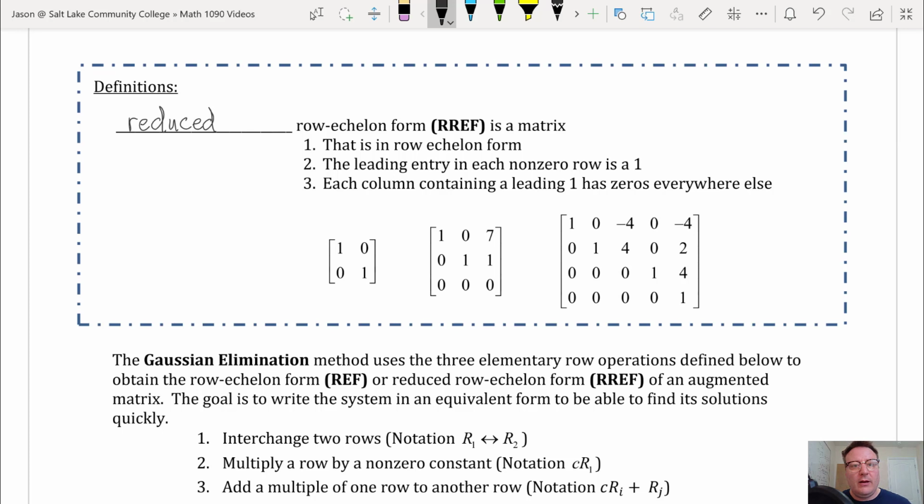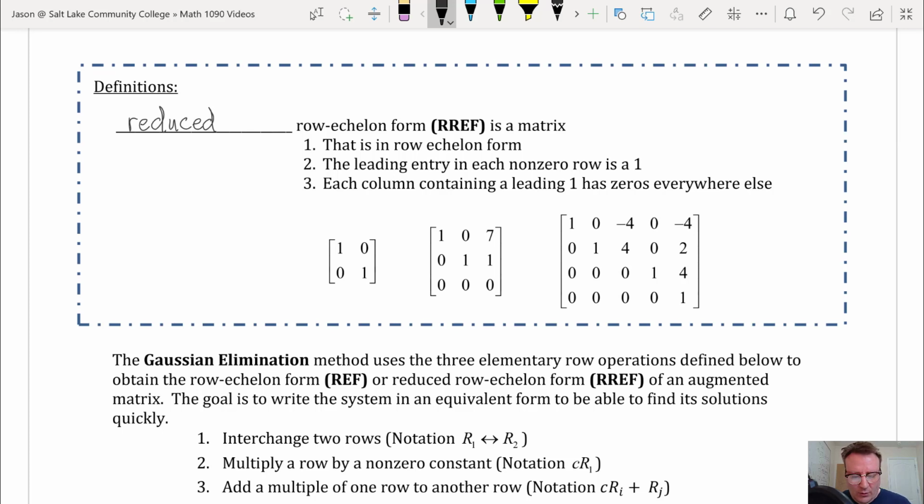So to be in reduced row echelon form, you start with row echelon form, and then you use the 1s on the diagonal to clear out the elements above the main diagonal, so you have zeros above.